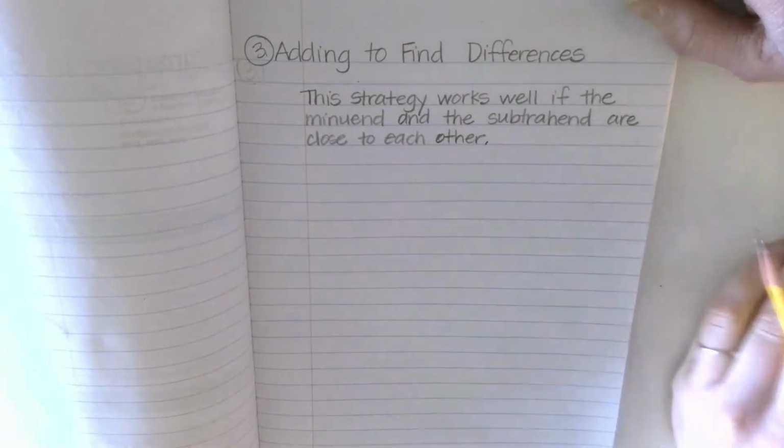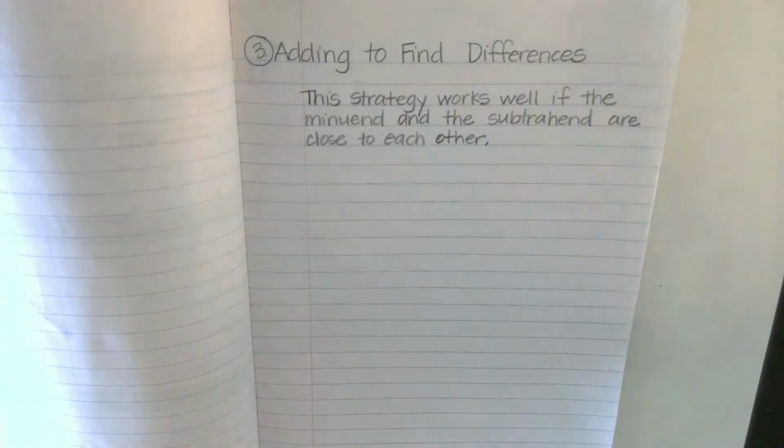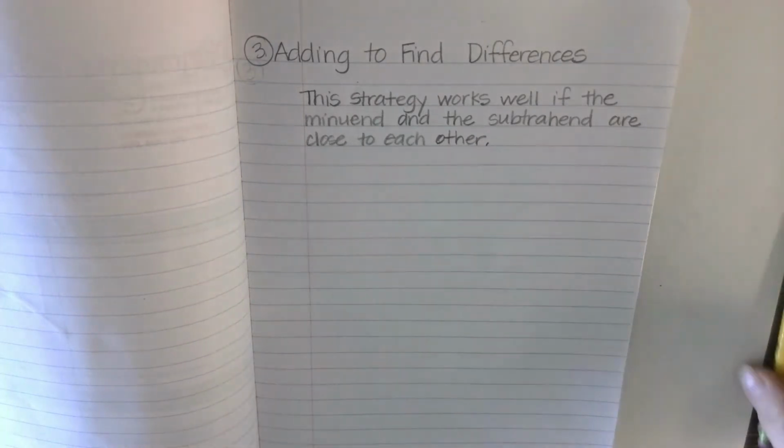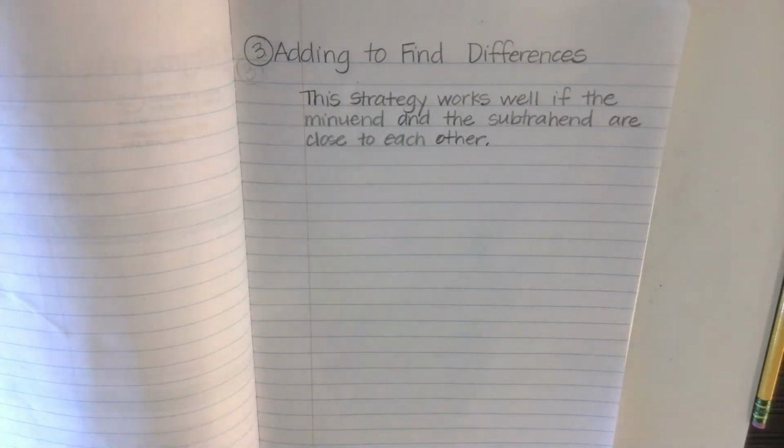You can add on the number line if you want to. So this strategy works well if the minuend and the subtrahend are close to each other.